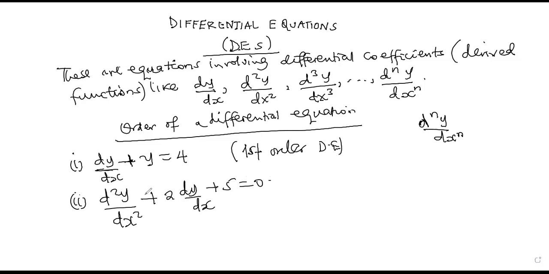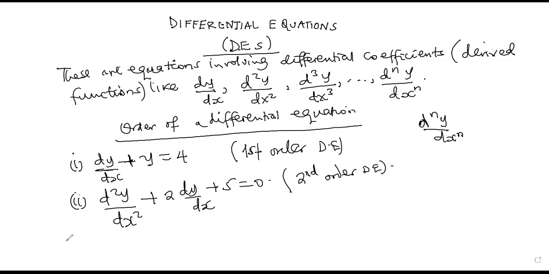We have d²y/dx², and we also have dy/dx, another derivative. But the highest derivative is d²y/dx², and the value of n is 2. Therefore, we say that this is a second order differential equation.